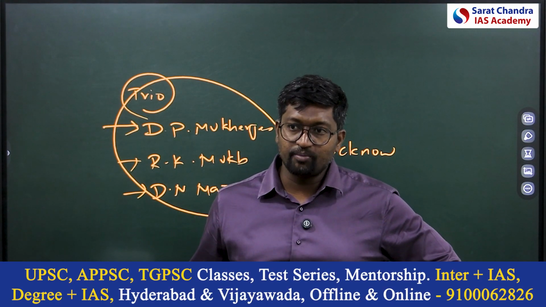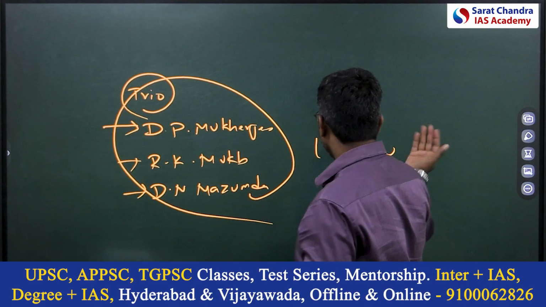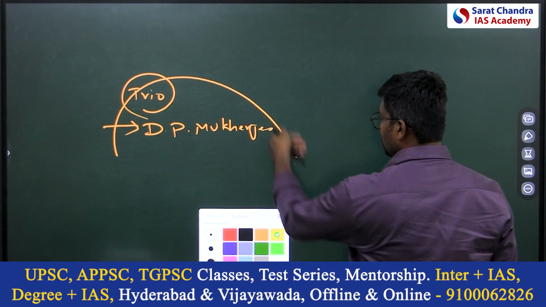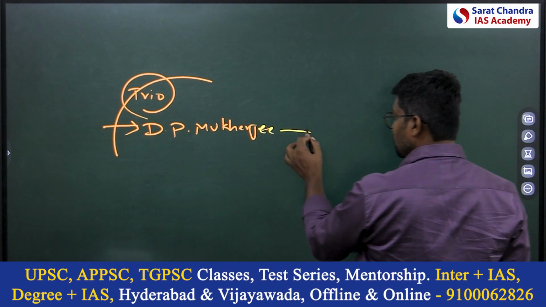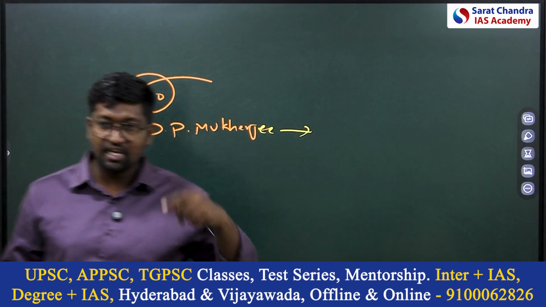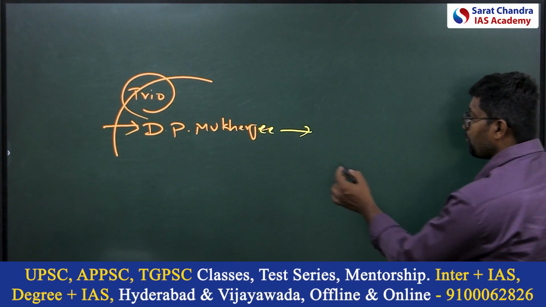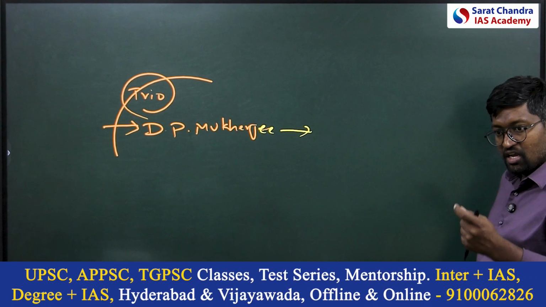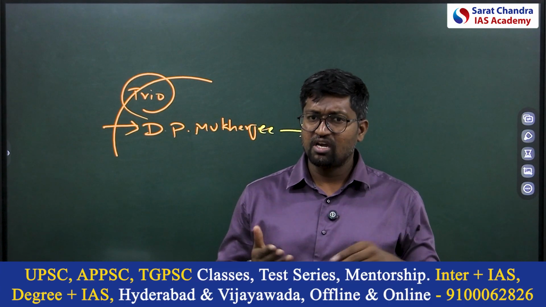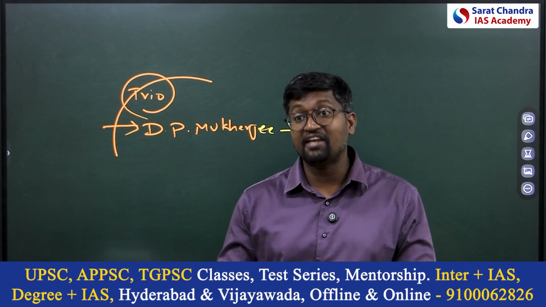D.P. Mukherjee criticized the Western understanding of sociology, and he emphasized understanding Indian society through Indian traditions. He rejected the Westerners' understanding of Indian society because Westerners have bias and don't understand Indian traditions and heritage properly.